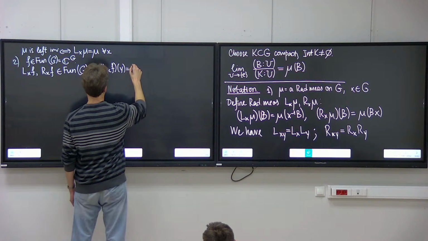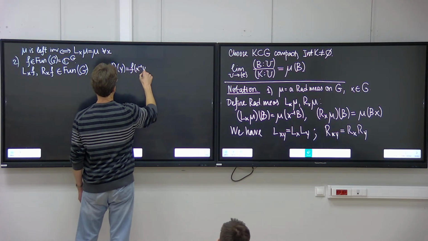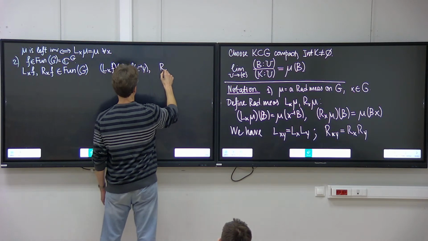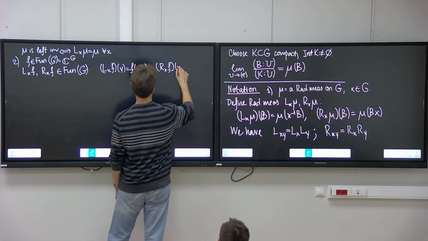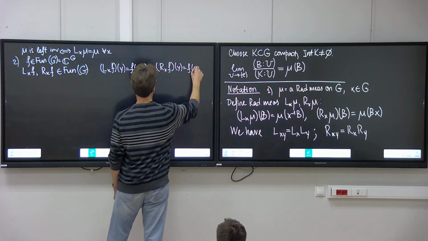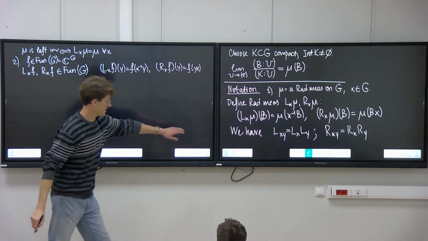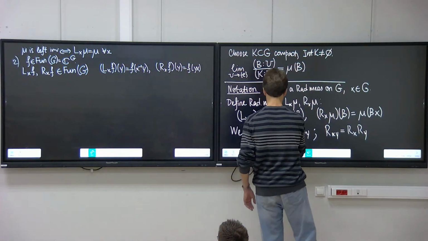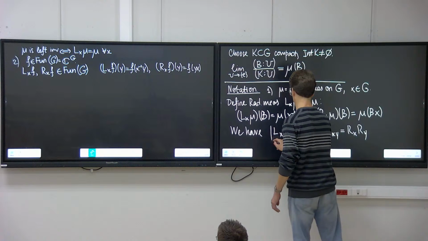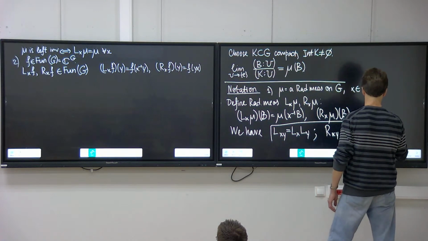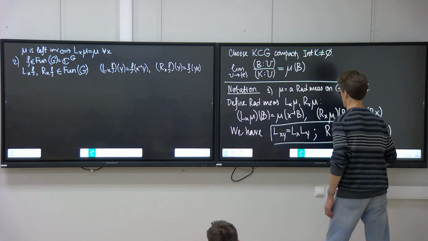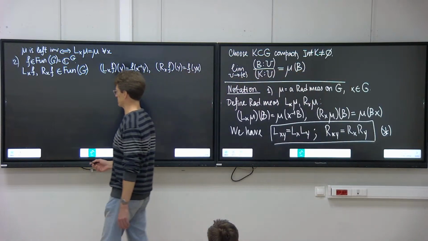This is the left translate of f, and this is the right translate of f. And we still have these formulas, let's denote this formula as star, now on the space of functions on G.